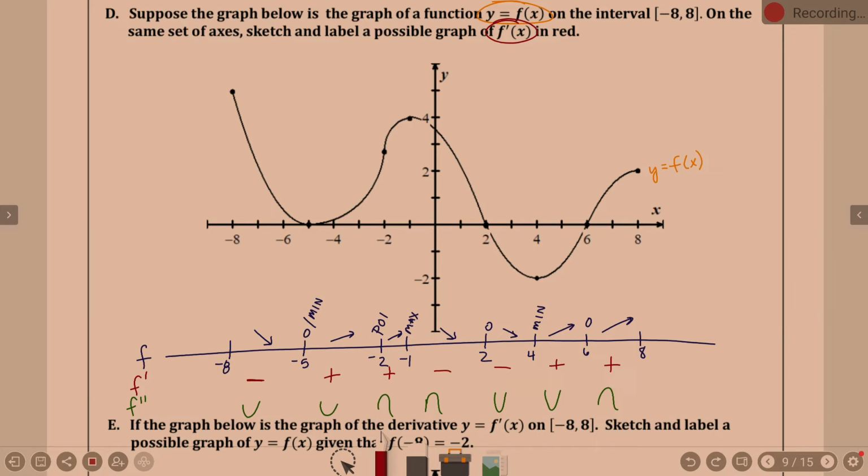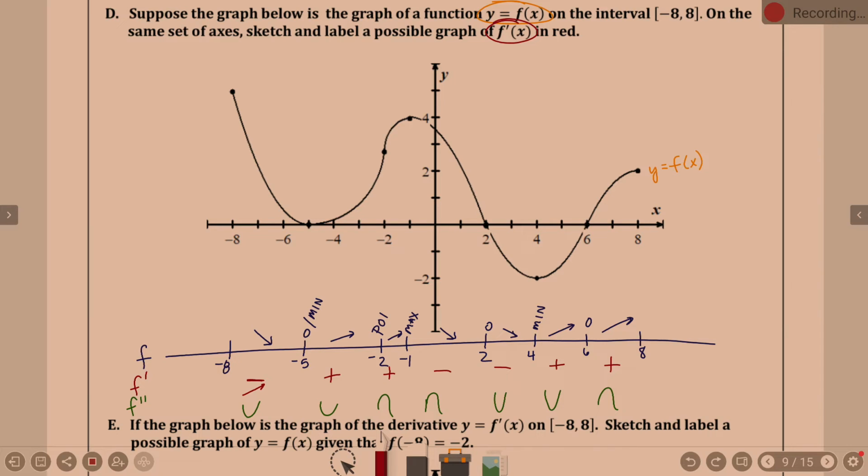Positive. So the idea is that the derivative is increasing. It's going to be a negative value, meaning it's going to be below the x-axis, but it's increasing.